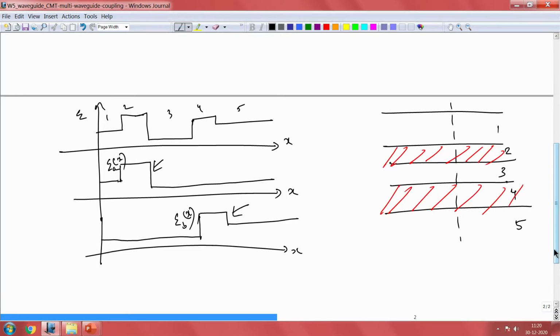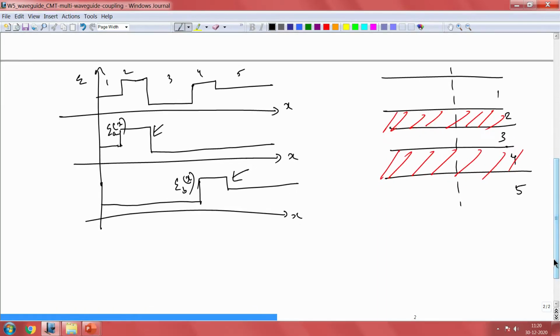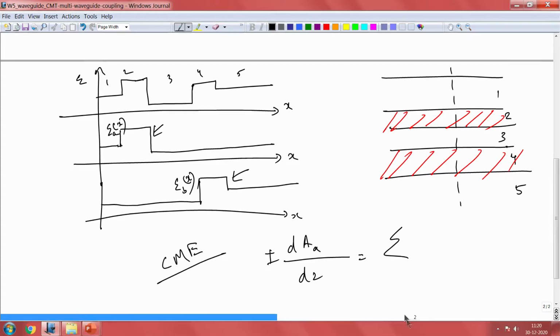Now, the coupled mode equation (CME) for a multiple waveguide system could be written as: for a certain mode, dA/dz will be equal to a linear combination of the system coupling coefficients kappa_AB times B, that is the amplitude, and this is our phase.